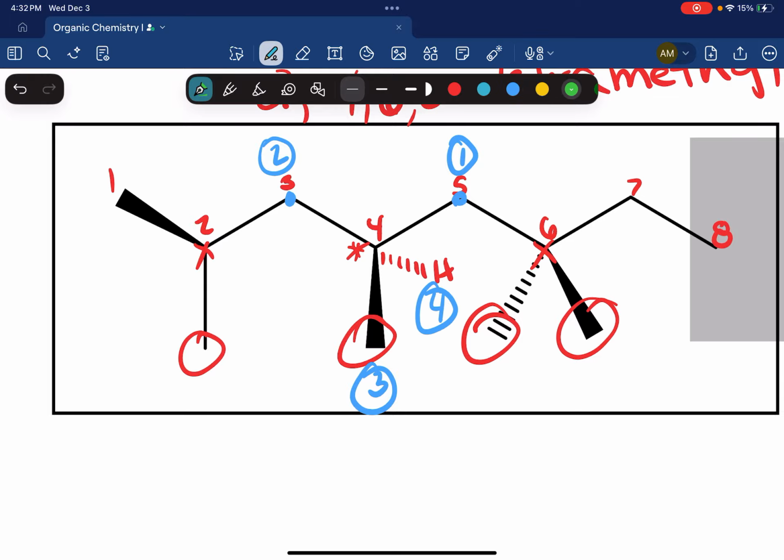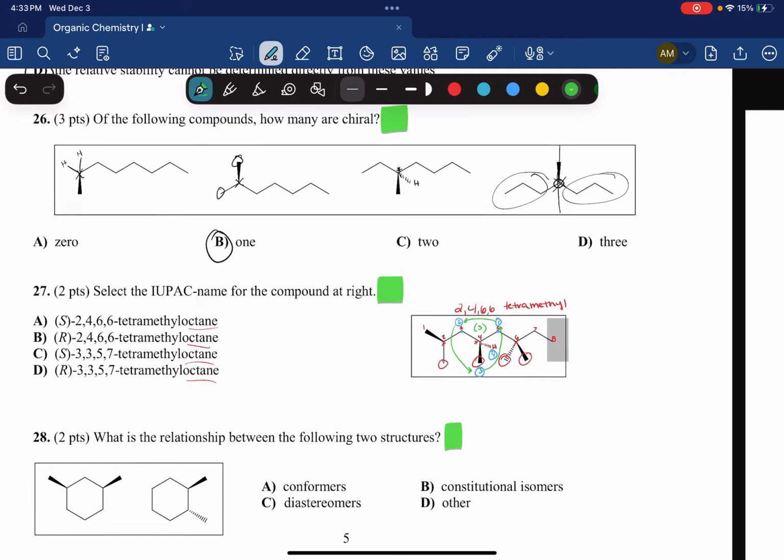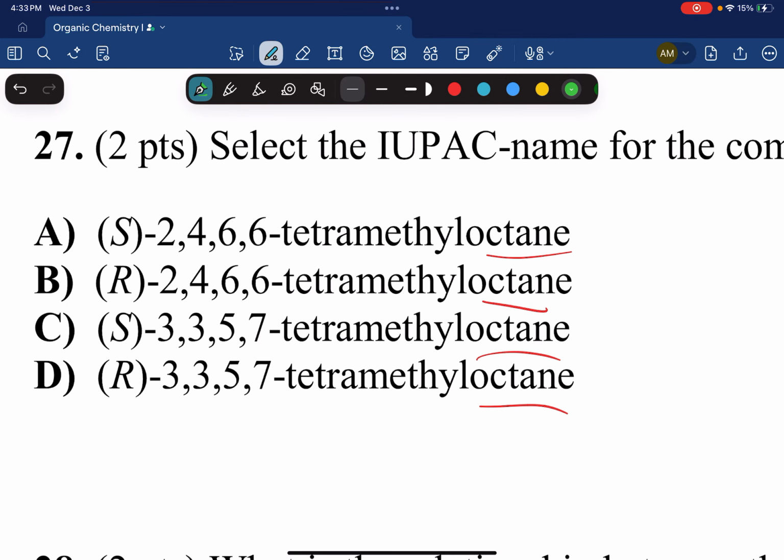It's in the back, so we're going to just go right to the normal configuration. And this is moving counterclockwise, so it's S. So we are S-2,4,6,6-tetramethyloctane. So we can get rid of the R's. 2466 or 3357. This isn't the lowest possible numbering scheme, so that's wrong.